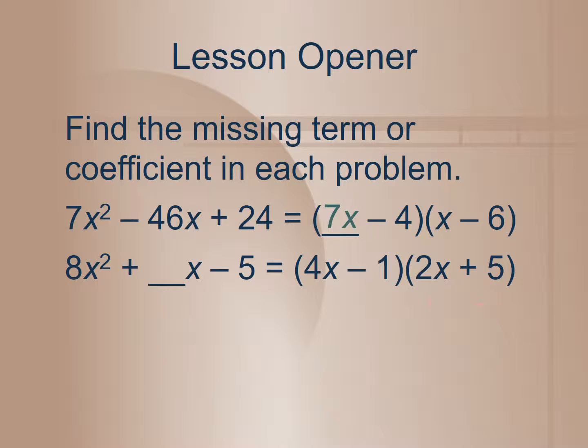So 20x minus 2x is 18x. So this middle term needs to be 18x. So that blank should be an 18.